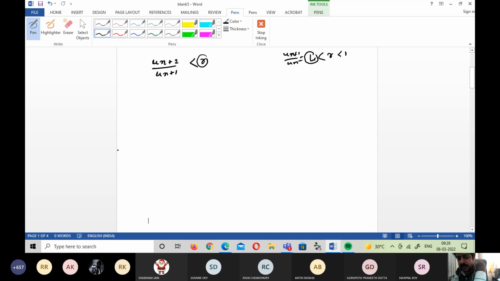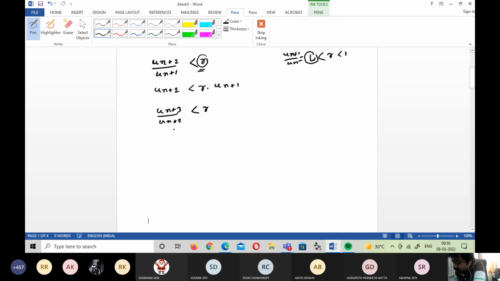So if you can make a geometric series with r, whose value is less than 1, then it will be a convergent series, whatever the coefficient may be. So you can easily write u(n+2) less than r into u(n+1). Similarly, the next term u(n+3)/u(n+2) is also less than r.